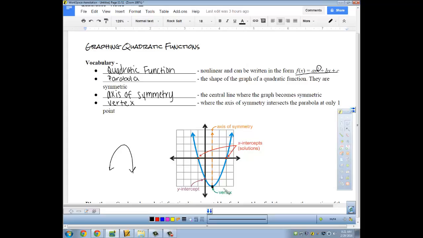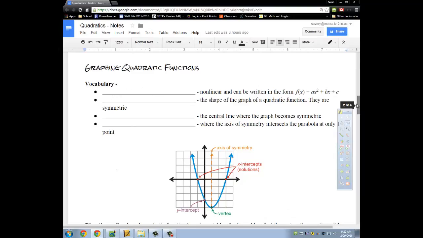So it's right here. If the graph looked like this, the vertex would be there. So it's always at the tip of the graph. The vertex will also be the minimum or maximum point. In this case, the vertex is the lowest point in the graph, so it's the minimum. If it were this graph, this would be the maximum because it's the highest point.